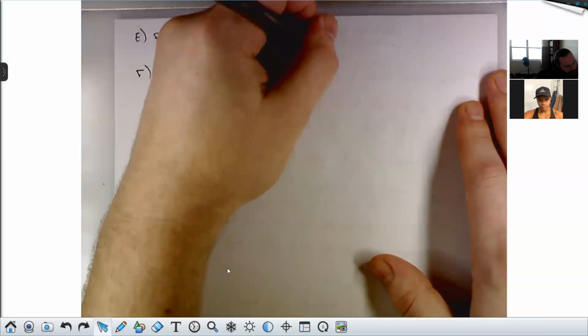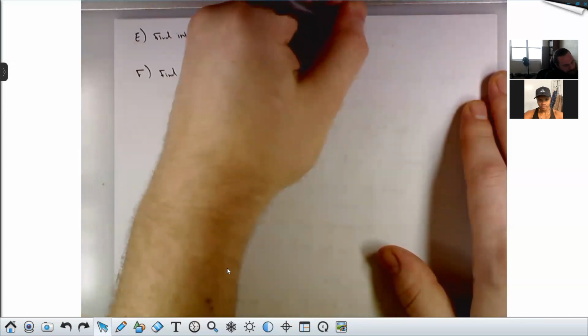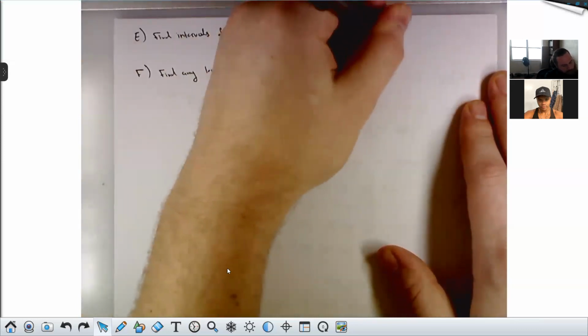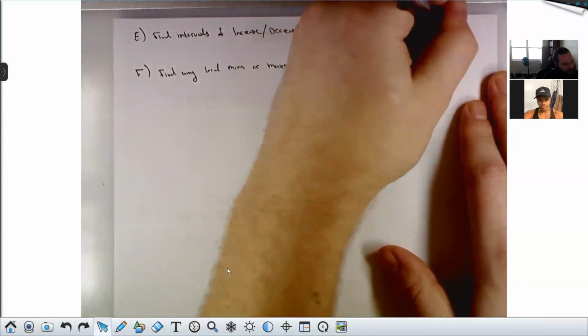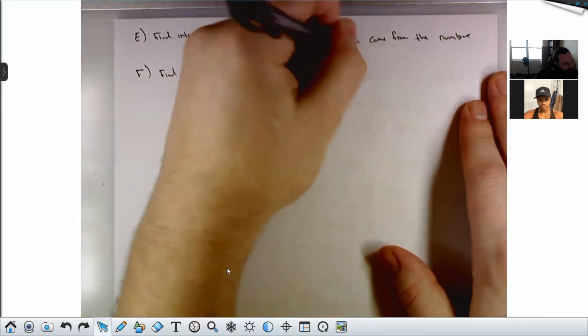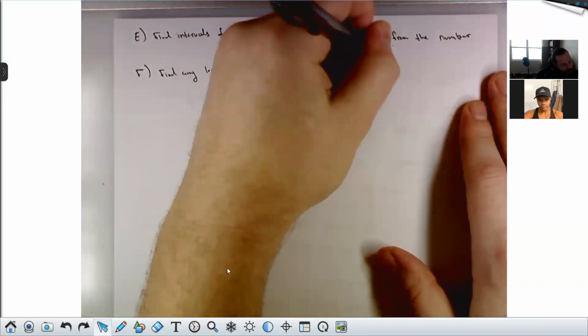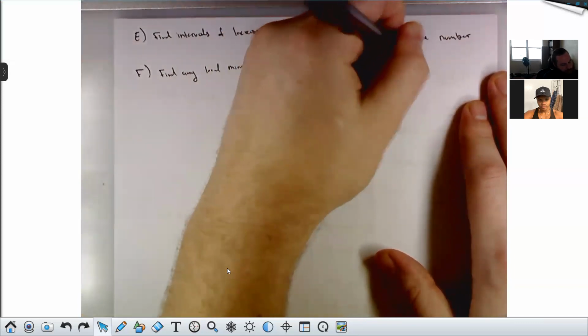And these both come from the number line for the first derivative, f prime of x.